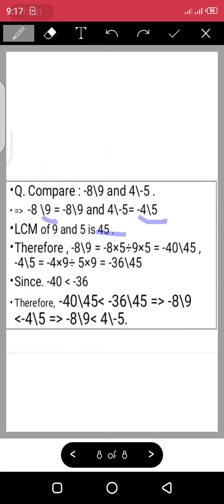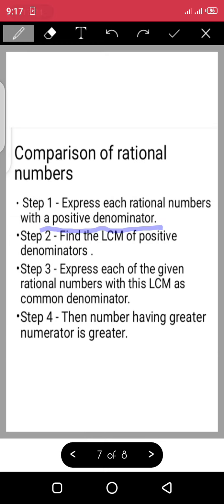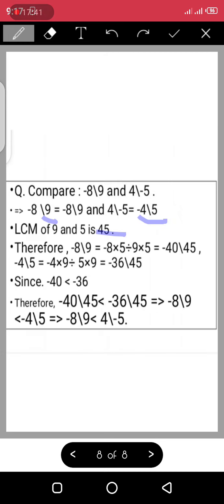Therefore, the next step was to express each of the given rational numbers with this LCM as common denominator. So minus 8 by 9 is equal to minus 8 into 5 by 9 into 5, means LCM is coming 45. So here denominator is 9. With what number will we multiply the denominator to get 45? That is 5. 9 5s are 45.